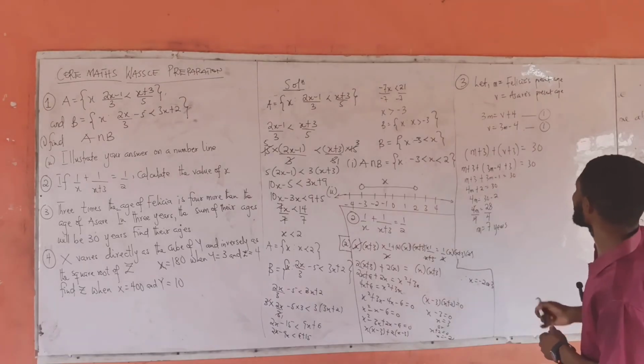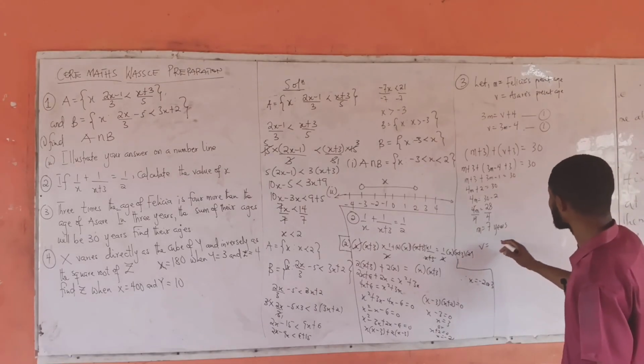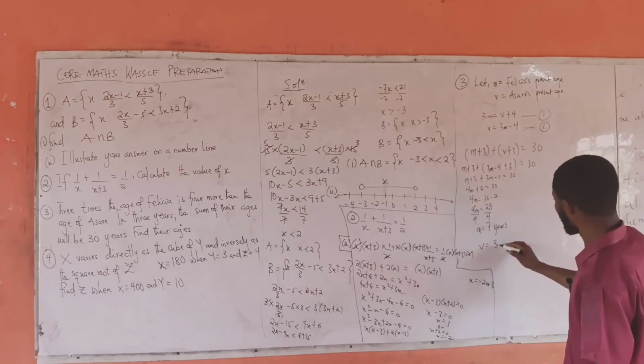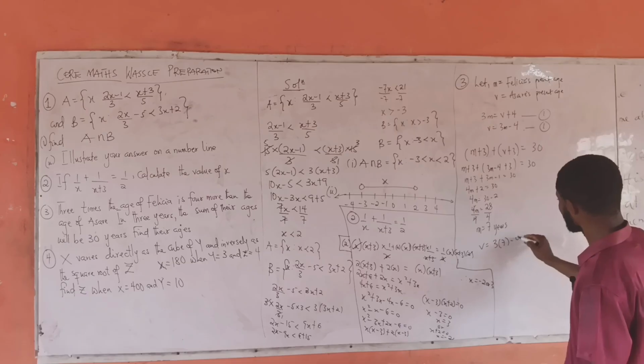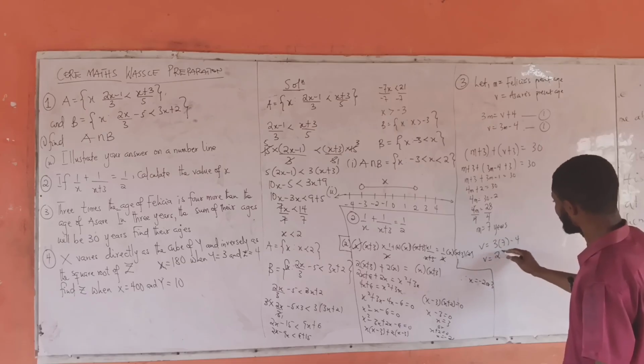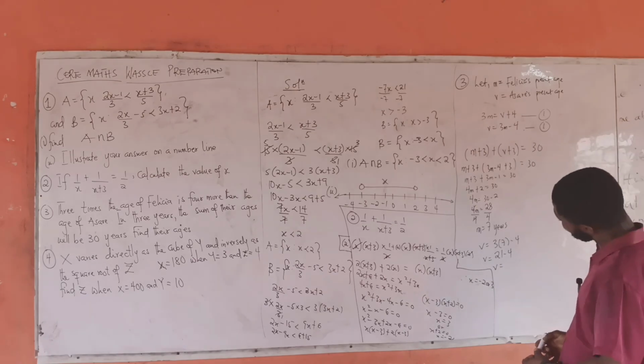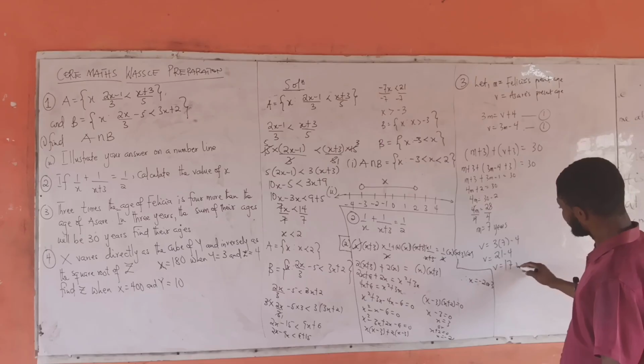How old is Asari? v is equal to 3 times 7 minus 4. 3 times 7 is 21, minus 4. v is equal to 17.